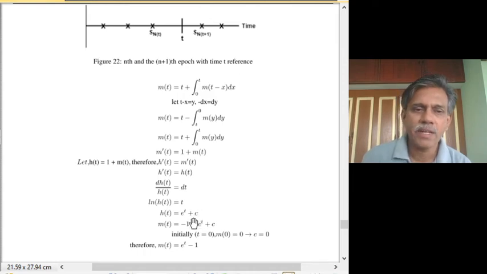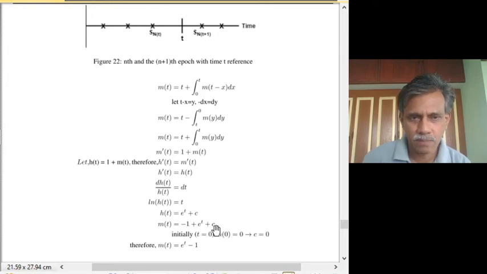Before evaluating the constant, we will come back to m of t. H of t is 1 plus m of t, so m of t is minus 1 plus e power of t plus c.